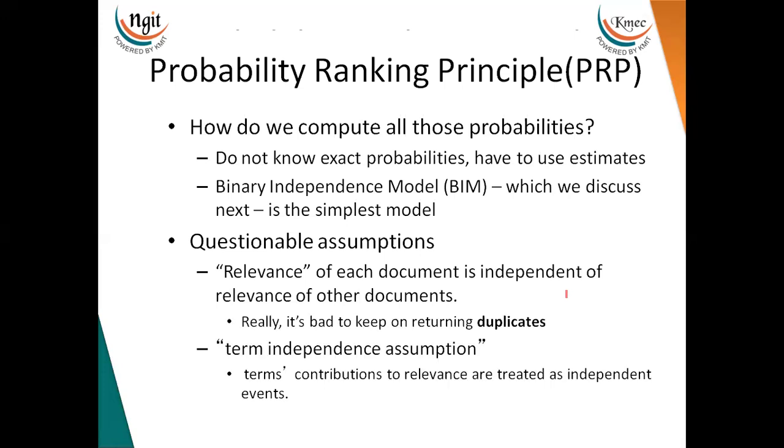Because I don't want to give duplicate data to the user. If I give the same repeated data to the user as the answer to the query, then the user will stop using my search engine. The user will not prefer my search engine. So independence is important. It means I don't want duplicate data. This duplication can be avoided by using the independence model.